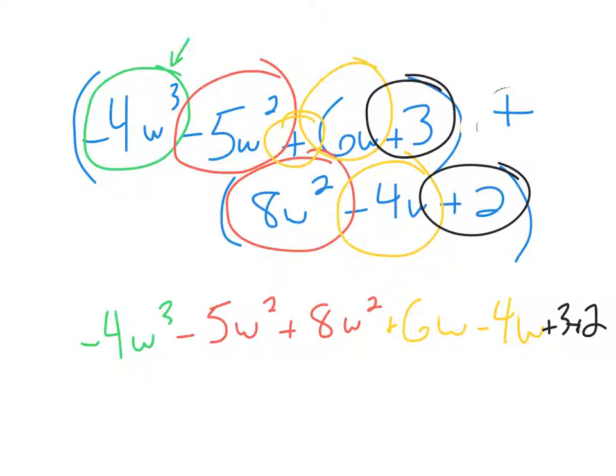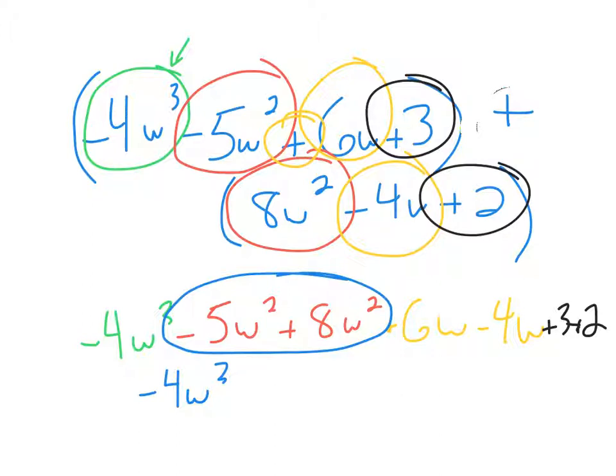So now we can go ahead and combine these like terms. Again, -4w to the third was by itself, so I'm going to just write that one as I did before. And then I can put these two together that are here in red. -5 plus 8, we know that is going to be positive 3, right?